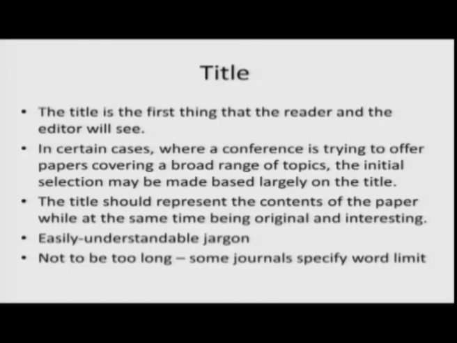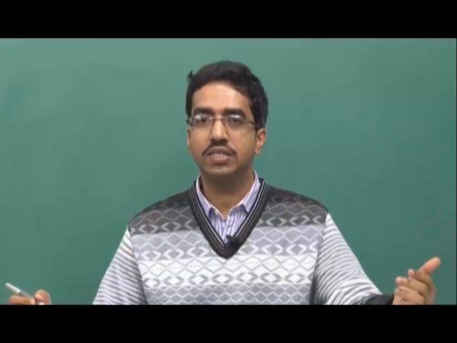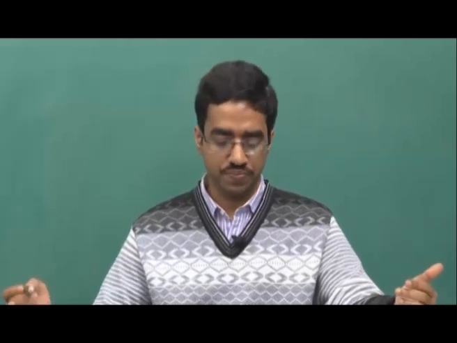Then it should represent the contents of the paper. At the same time, it should be original and interesting. It should have easily understandable jargon. We mentioned this is for a specific audience, you take some things for granted, but in the title you cannot pack too much jargon and too many technical words.